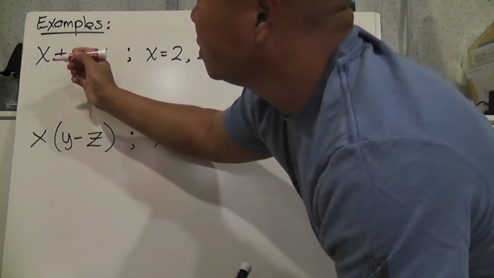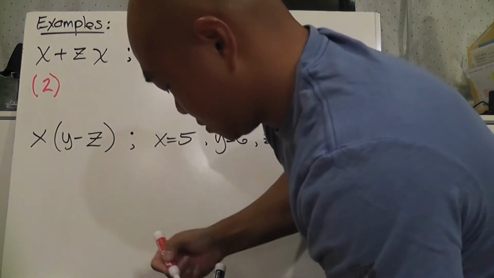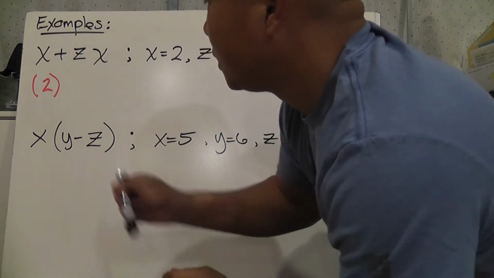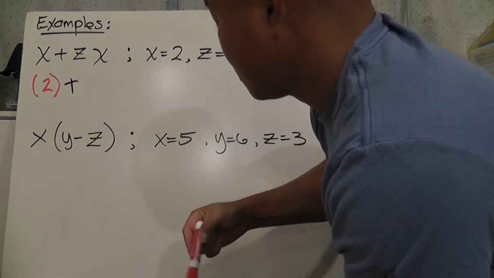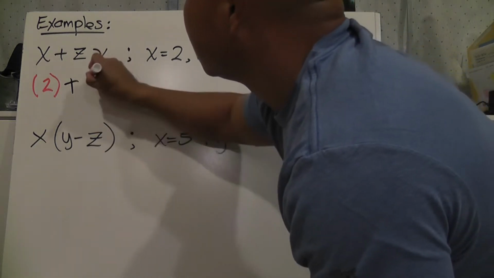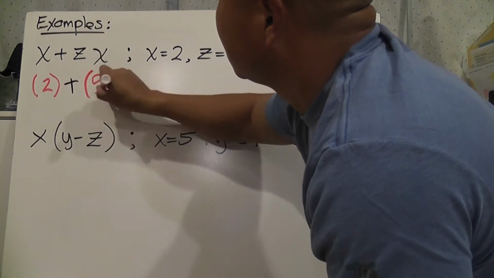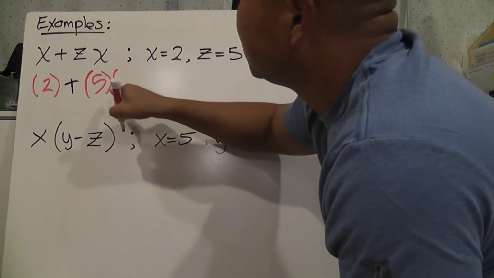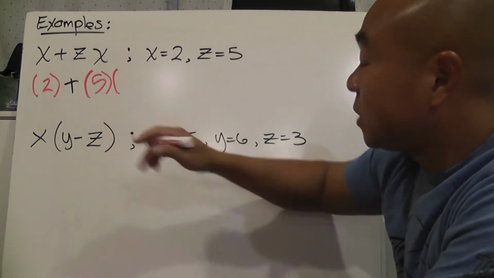So let's go ahead and plug in. Let's put the 2 in here, parentheses, 2 plus, z is equal to 5, multiplied, and when you have 2 parentheses next to each other, that also implies multiplying.